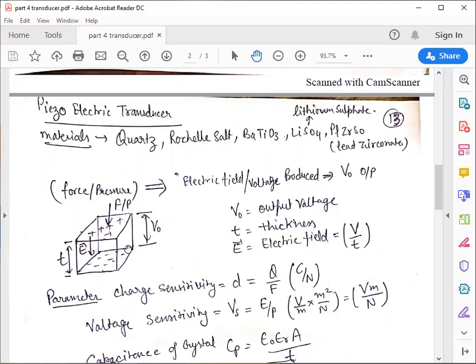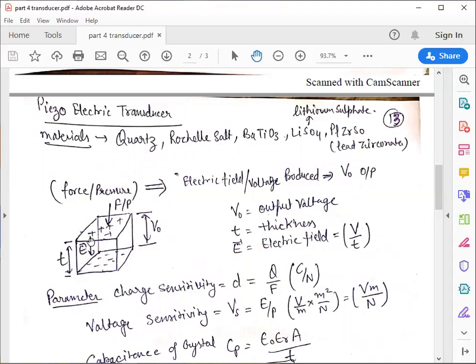So here a quartz crystal is shown. This T is the thickness. Here we get output from this surface, and the upper and lower surfaces are used to develop the voltage, and there is separation of charge. When we apply force, there will be charge separation on these two surfaces.